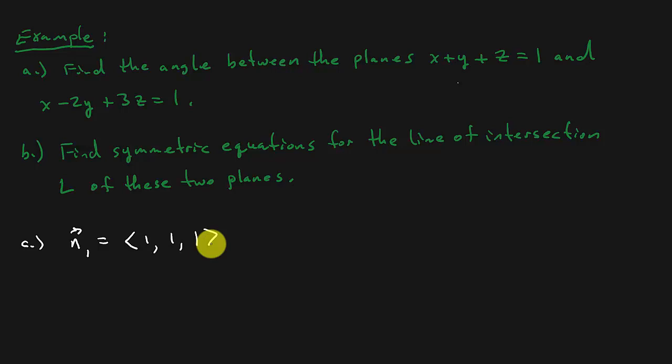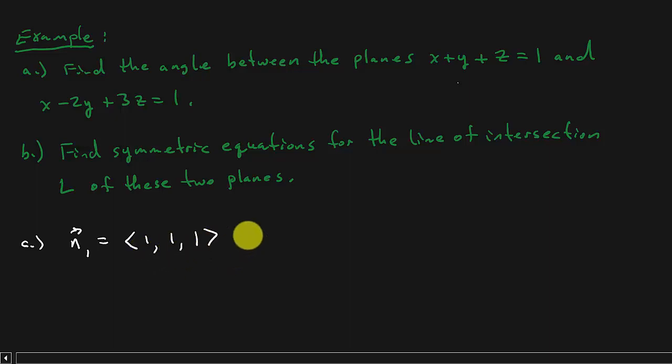Well, if you remember what I showed you earlier in the video, the normal vector A, B, C is the coefficients of x, y, and z. And so my normal vector to this plane is going to be 1, -2, 3. It's the coefficients of x, y, and z. So there are my two normal vectors.